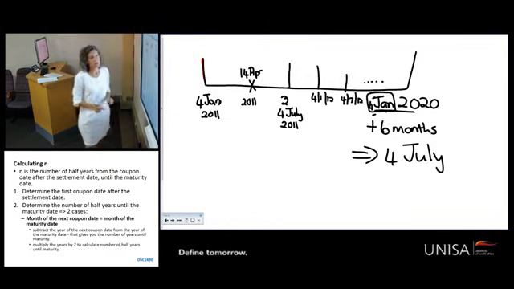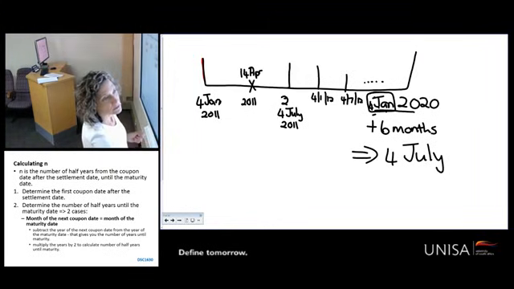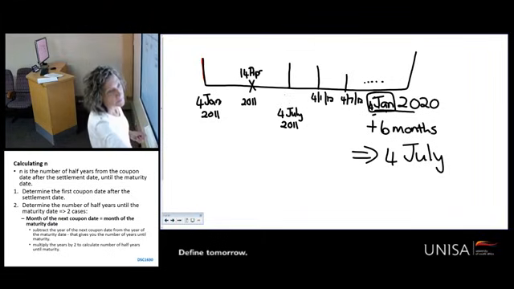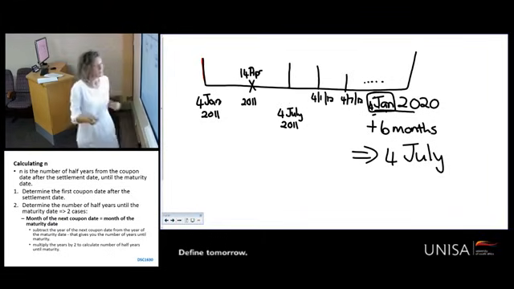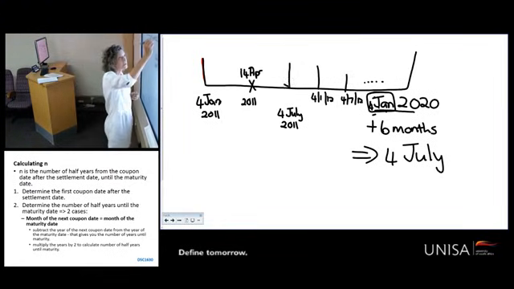Now if I want to calculate N, I'll just quickly wipe out this one here. Right. Now if I want to calculate N, N is the number of half years since the next coupon. Remember, this is our settlement, so that's the next coupon. From the next coupon up till the end.